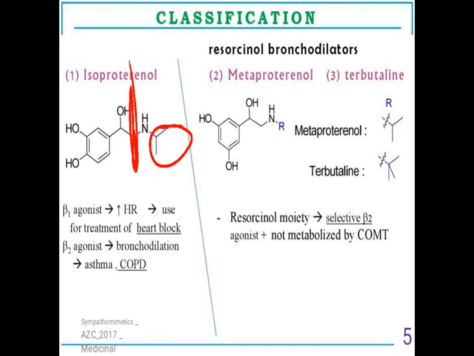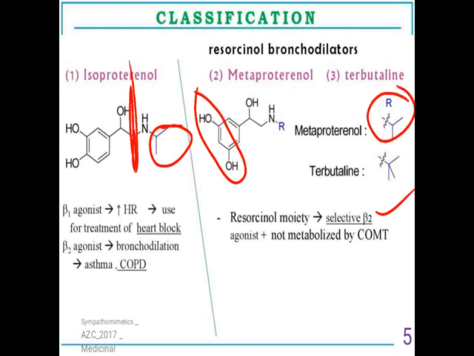The next drug, the bronchodilator, is metaproterenol. Here you can observe in metaproterenol there are 3,5-hydroxy groups. When the hydroxy group is not in the 3,4 position and instead is at the 3 and 5 position, the drug becomes more selective towards the beta receptor. In terbutaline also this part is similar.